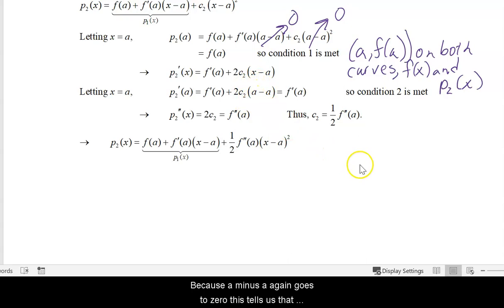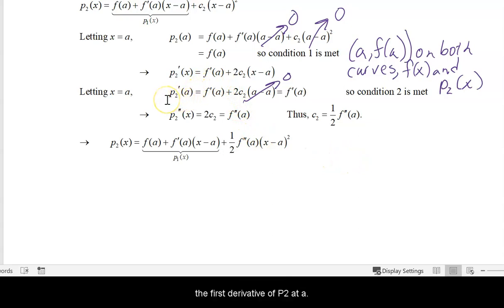Because a minus a again goes to 0, this tells us that the first derivative of P2 at a is equal to the first derivative of the function at a. This is our second condition, that the first derivative of both functions at a is the same.